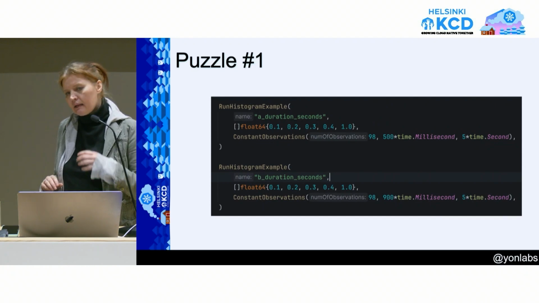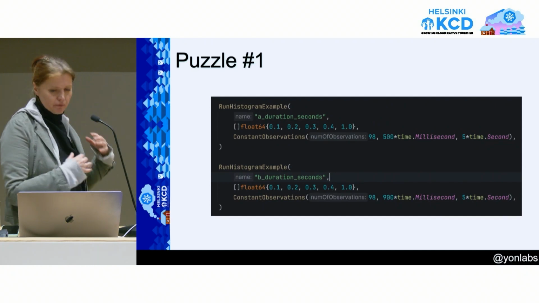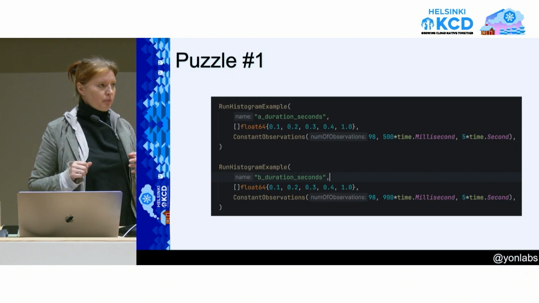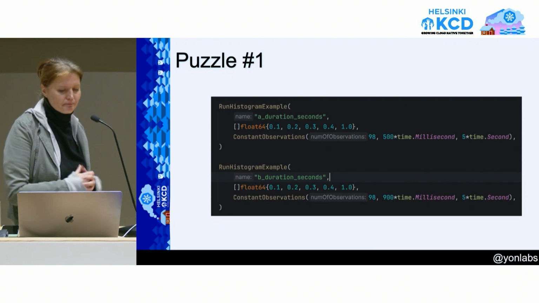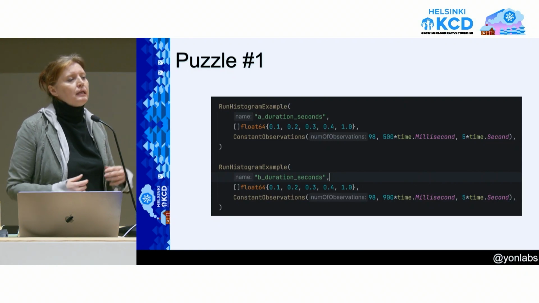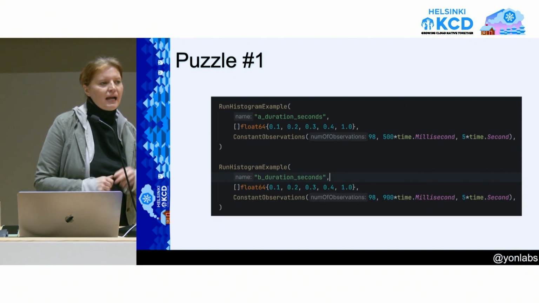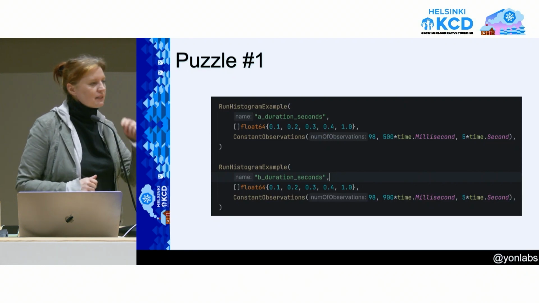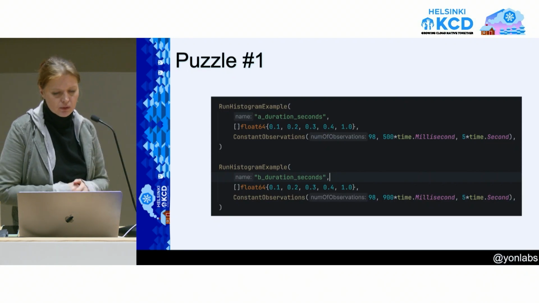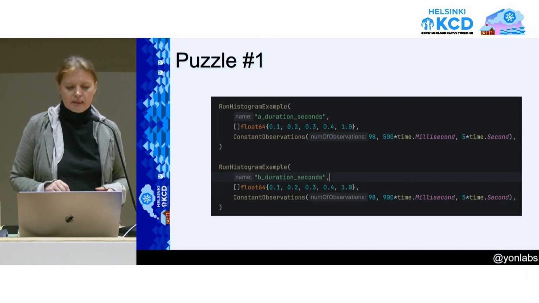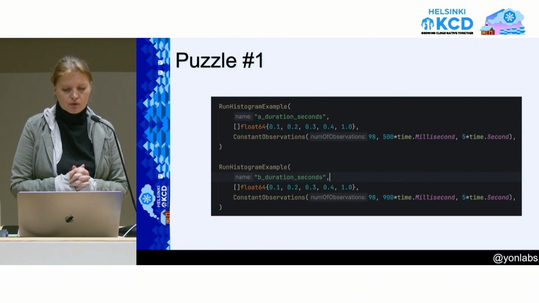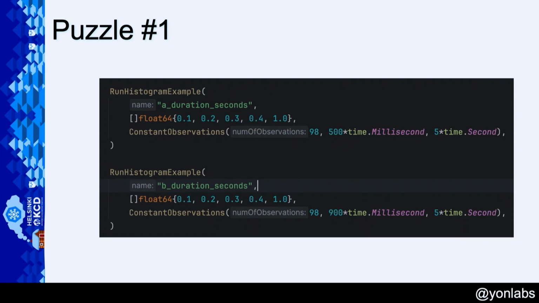So I prepared a series of puzzles, some short problems that showcase some gotchas. And I'll try to ask you for some solutions, or at least what's your feeling and how it works. So this is my demo Go application, which creates 2 histograms. We have A duration seconds and B duration seconds histogram.